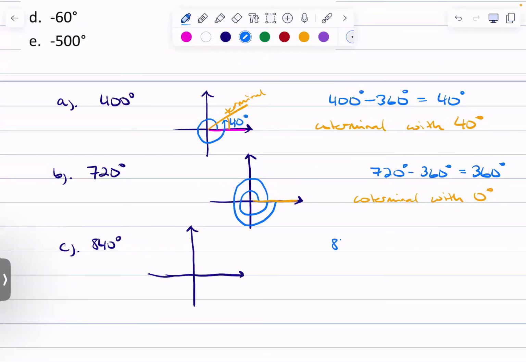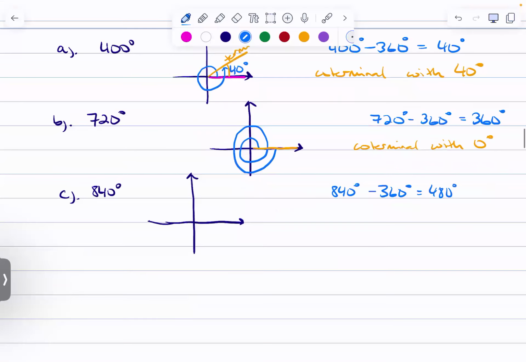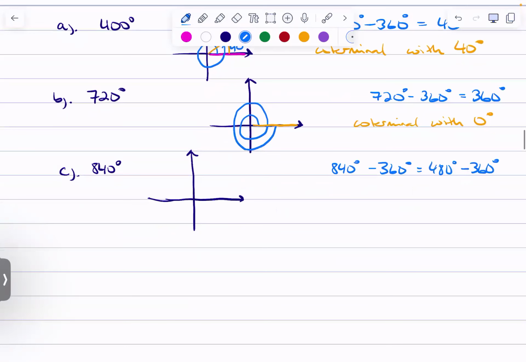$840, doing the same thing. Take away 360. Puts me at 480, which is not within the 360, keeping track of how many times I subtract 360, of course. Minus 360. I get 120.